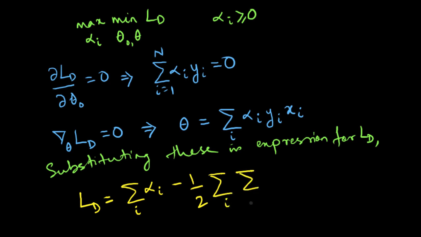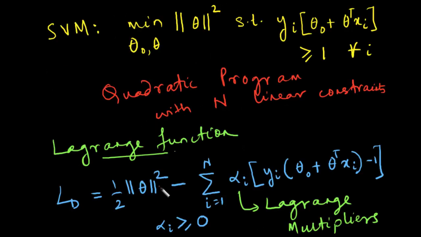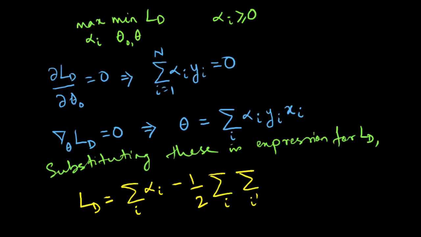This index i prime is coming because you have a theta norm square over here, which you denote as theta transpose into theta. So for one you take the variable i, for another you take the variable i prime. So here you have summation over i prime, alpha i prime, y i prime, and then xi transpose times xi prime. So this is now the Lagrange dual objective function.